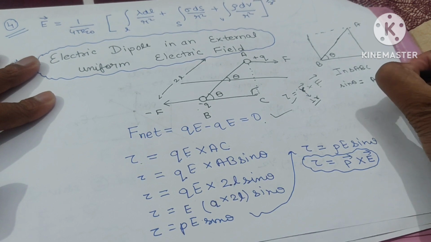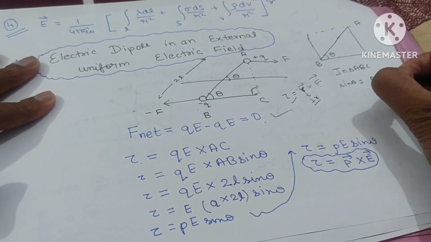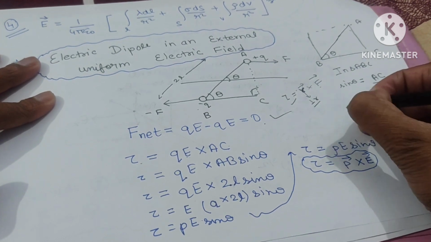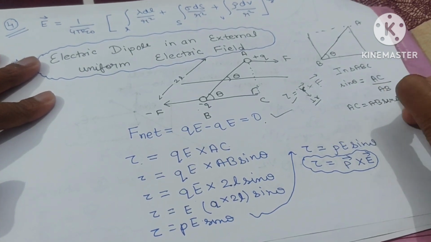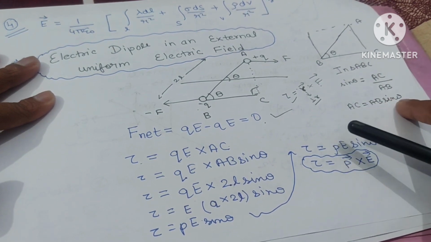The perpendicular is AC and the hypotenuse is AB. So AC is equal to AB sine theta.